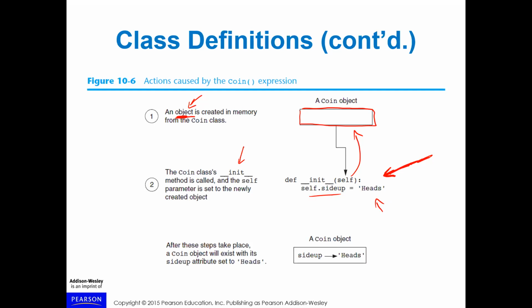And then finally, once you've done this, after these steps take place, a coin object will exist with its side up attribute set to heads.